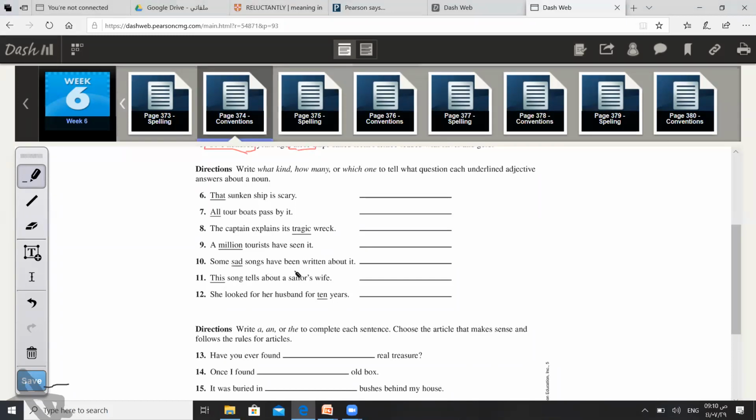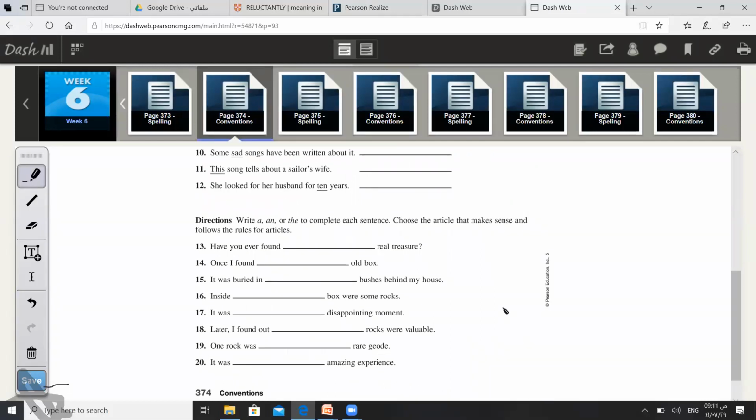"Some sad songs have been written about it." What kind? Excellent. "This song tells about the sailor's wife." Which one? Exactly. "She looked for her husband for 10 years." How many? Very good, class.